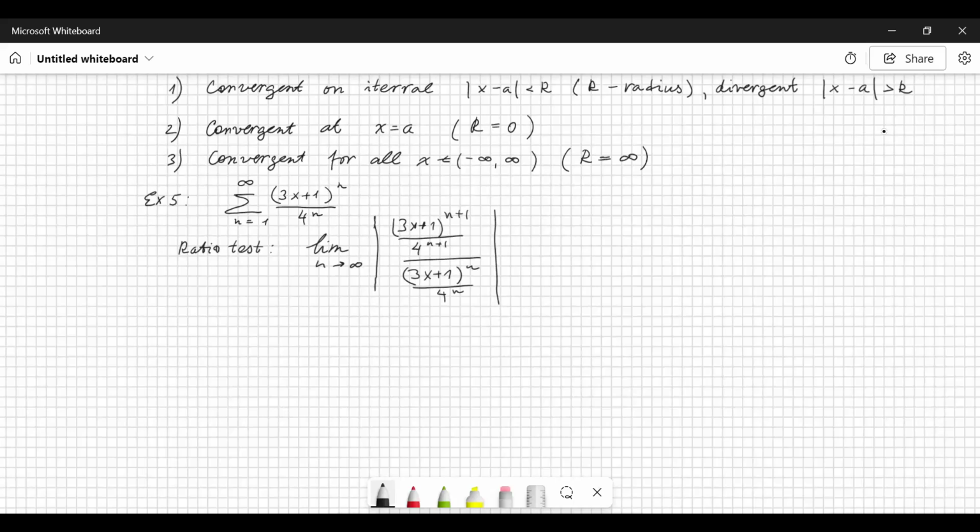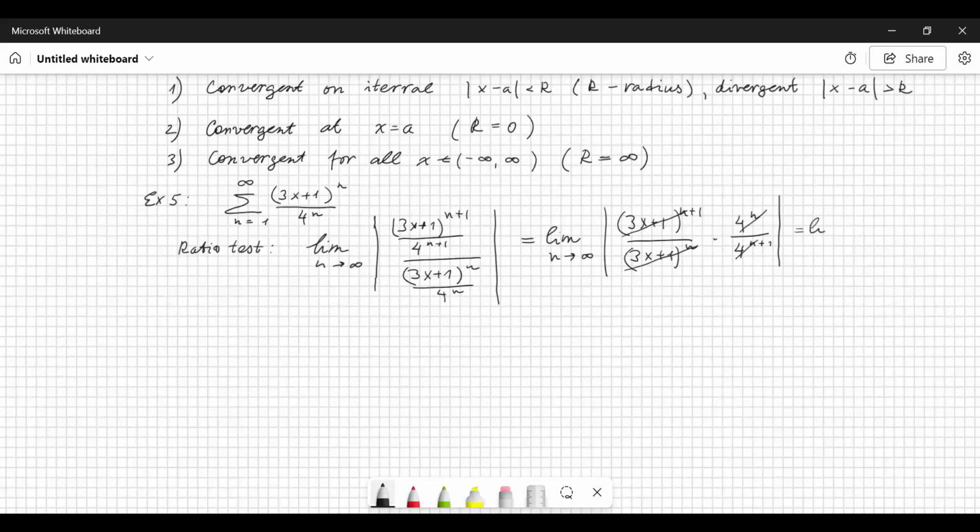I'm going to simplify my expression a little bit by combining similar terms together: (3x plus 1) to the power of n plus 1 over (3x plus 1) to the power of n, and 4 to the power of n over 4 to the power of n plus 1. Here I was so lucky. I can cancel the (3x plus 1) to the nth power with the (3x plus 1) to the nth power. What is left is 3x plus 1 to the power of 1, right? And here 4 to the power of n and 4 to the power of n plus 1.